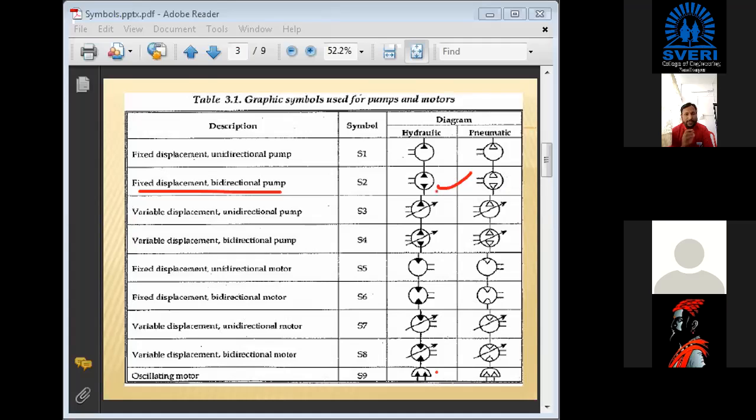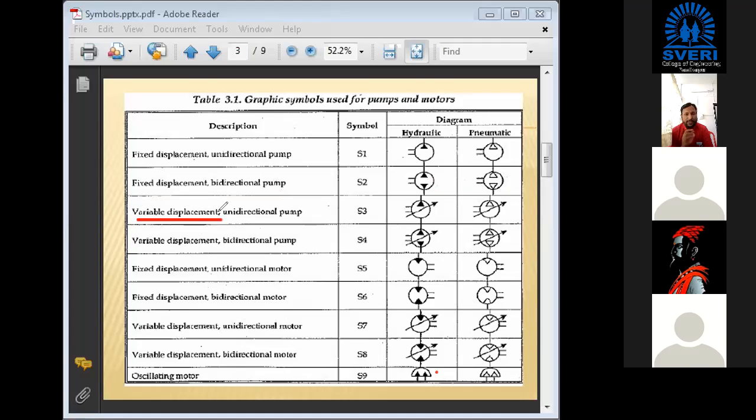Then for a variable displacement unidirectional pump in the hydraulic circuit, you have to indicate it by this symbol. And the same for the pneumatic system, a variable displacement unidirectional pump is represented by this symbol. Getting it?